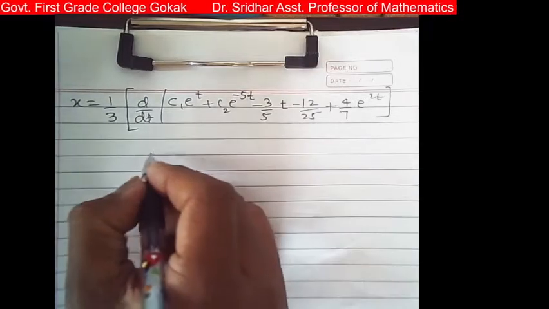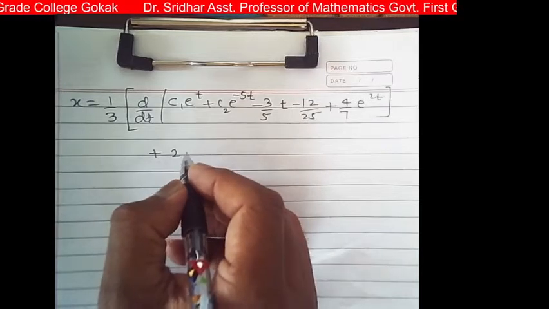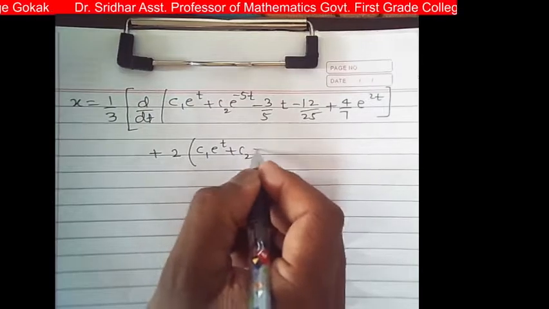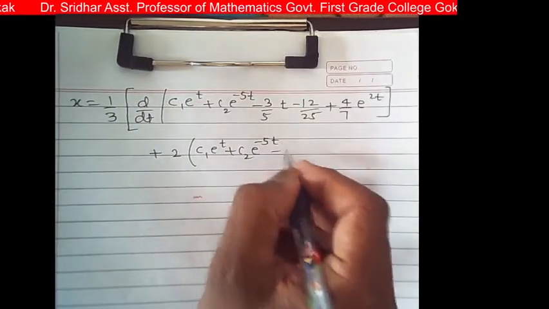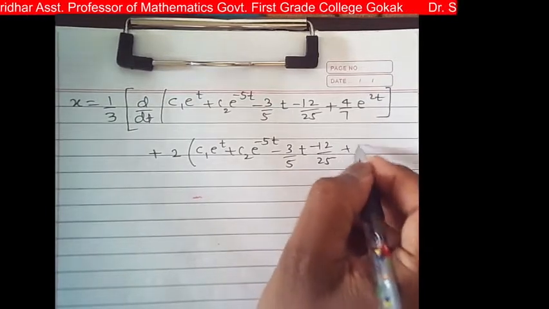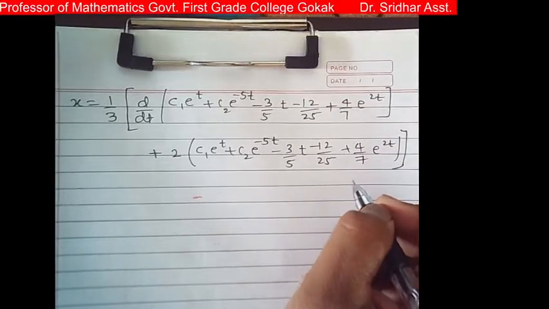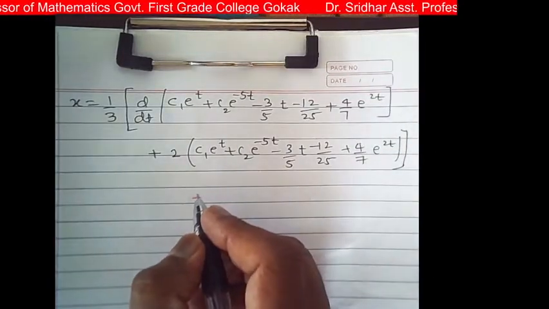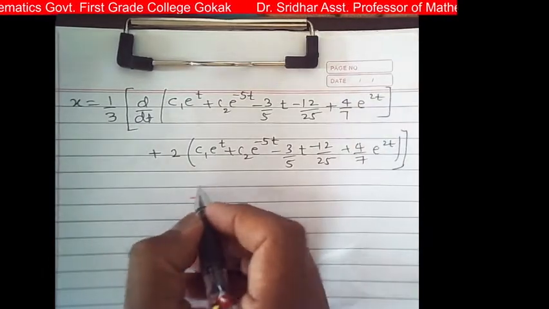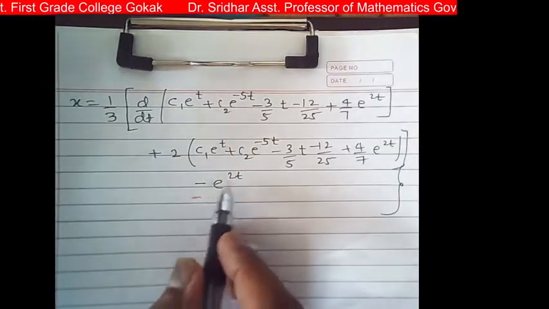Then plus 2y, and the y value we already have: again c1 e raised to t plus c2 e raised to minus 5t minus 3 by 5t minus 12 by 25 plus 4 by 7 e raised to 2t, close the bracket. And the last term is minus e raised to 2t.